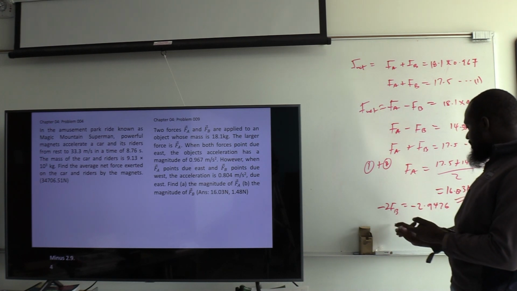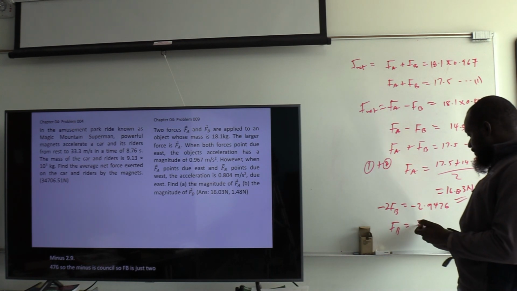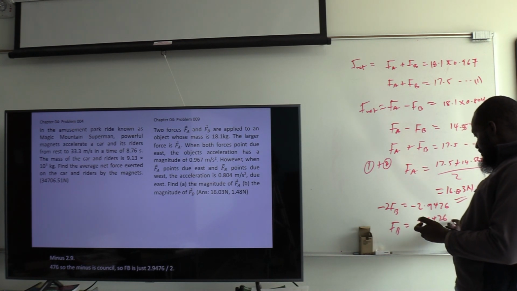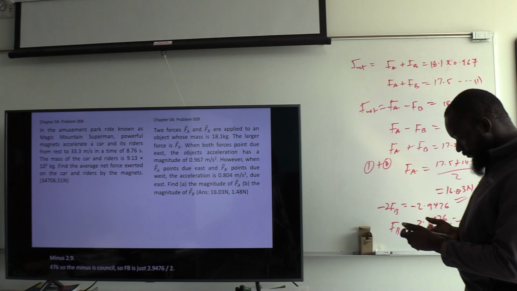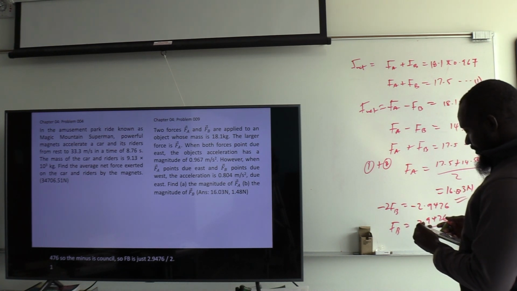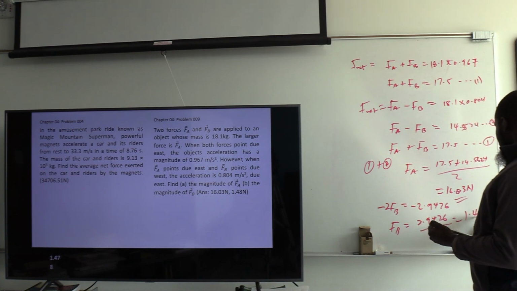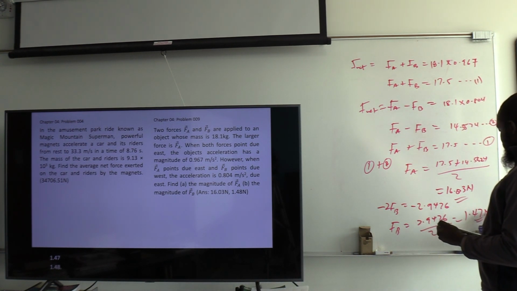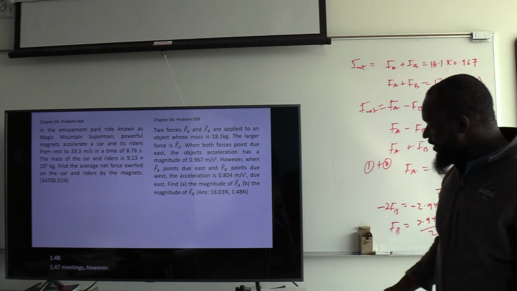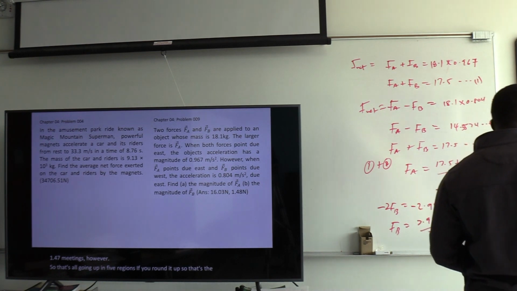So the minuses cancel. So FB is just 2.9476 divided by 2, which is 1.478. So 1.48 or 1.47 newtons. So that's how we get 1.5 newtons if you round it up. So that's the correct answer for that.